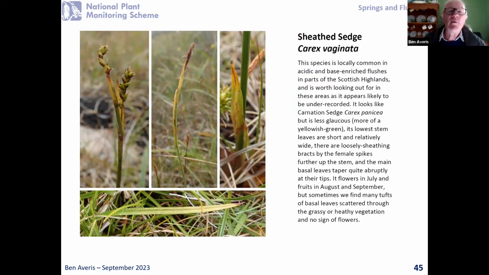So quite distinctive leaves, really, and these broad sheathing bracts around the female flowers, and a very short, broad leaf at the base of the stem. It's probably under-recorded, because it's quite common, very locally, in some parts of the Highlands, like parts of Perthshire, for example. So it's another thing worth looking out for if you're in flush ground in those places.